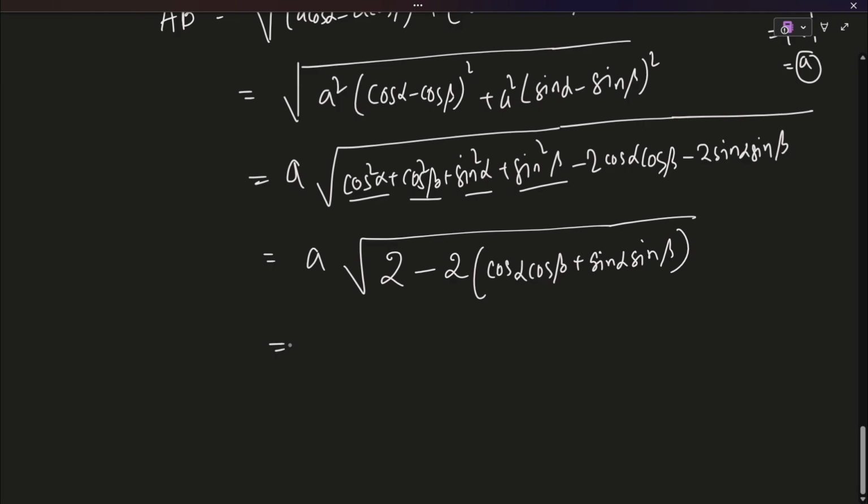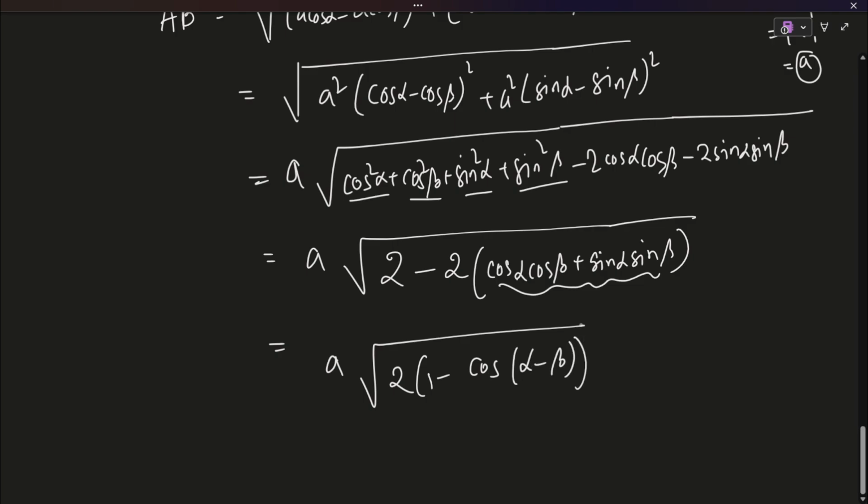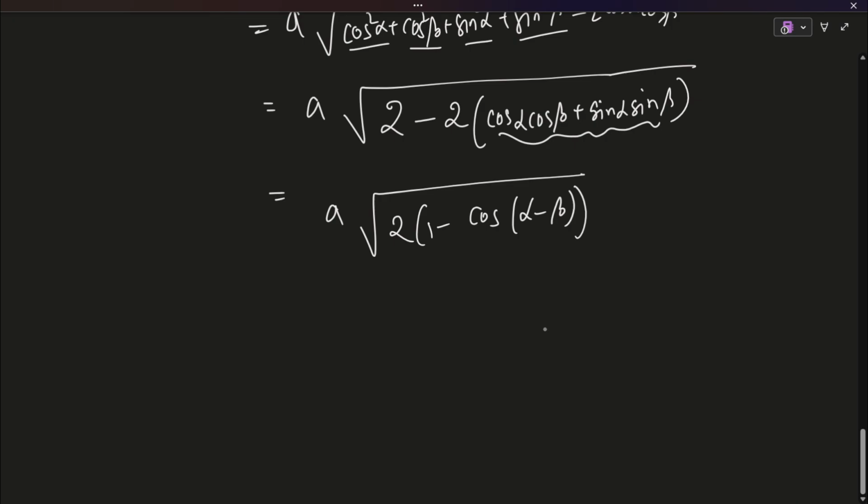Now, because this is the formula for cos of alpha minus beta, we can write A into root over 2 times 1 minus cos of alpha minus beta. Using the half angle formulas, the distance between the points A and B, or the length of the line segment AB, is A into root over 2 times 1 minus cos theta, which can be written as 2 sine squared theta by 2.